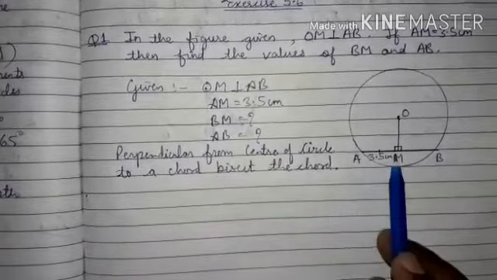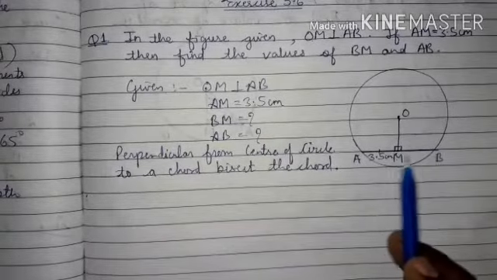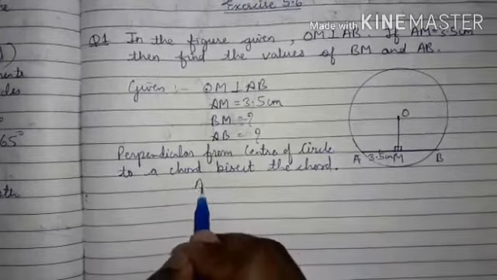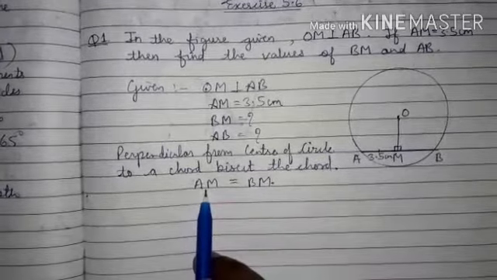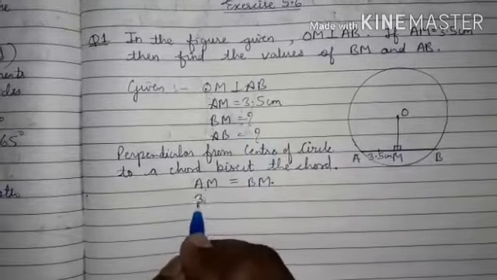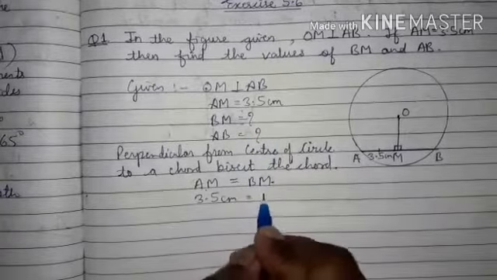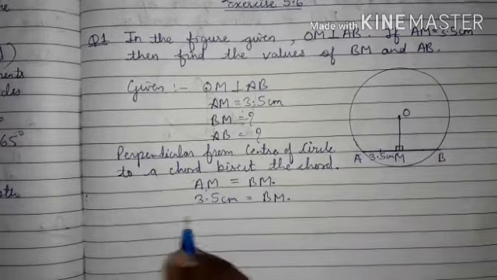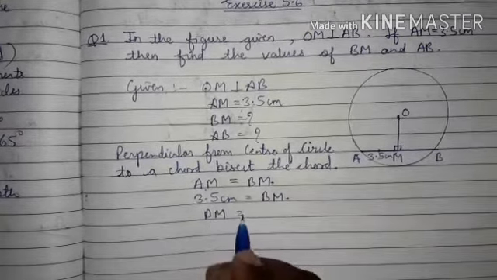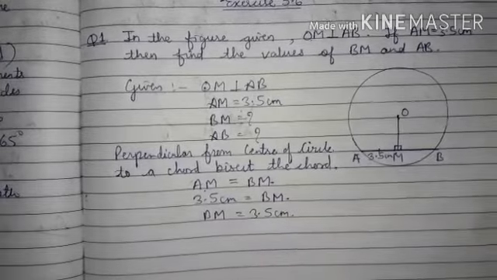It means here AM and BM both are equal. AM is equal to BM. And we know that AM is 3.5 cm. Therefore, BM is also how many? 3.5 cm. So the value of BM is 3.5 cm.